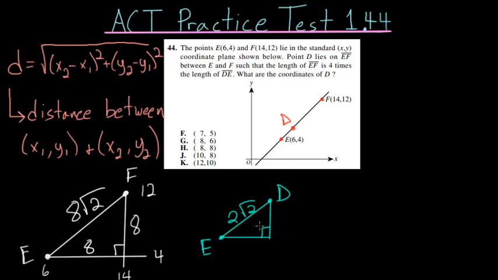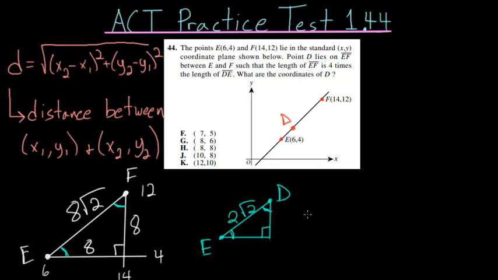Now, the important thing to recognize is that this line ED and this line EF would have the same angle with the horizontal. Or in other words, they would each have this 45-degree angle, which makes this angle over here for each of these triangles also 45.